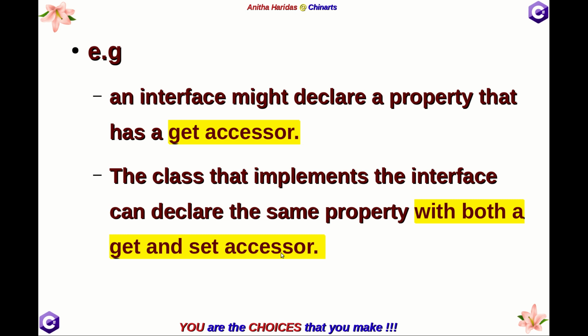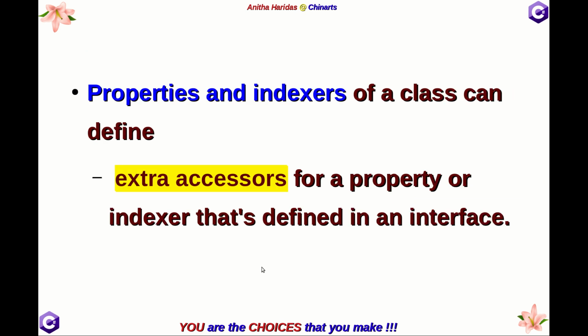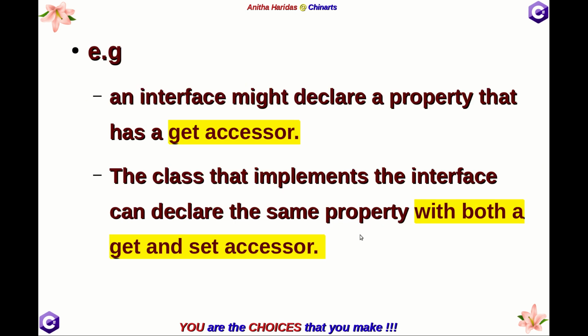This is permitted. So in the interface you have declared only the get method, but in the class you can declare the same property with the get method as well as with the set method. So this is permitted in C#. That is what it says. Properties and indexers of a class can define extra accessors for a property or indexer that is defined in an interface.